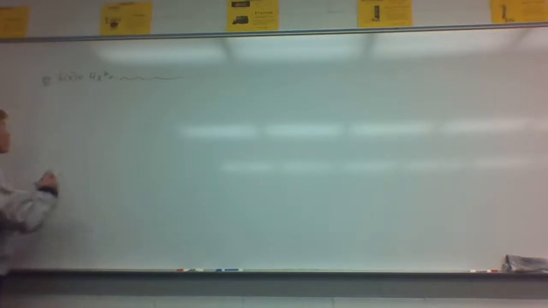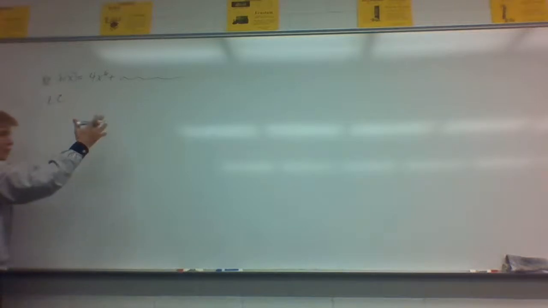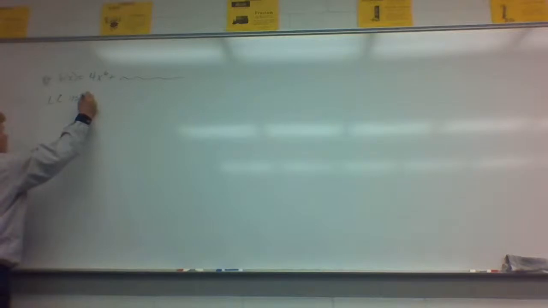The leading coefficient is what? 4. And what you have to observe is not just that it's 4, but the main thing you have to observe to do this little thing I'm about to show you is that it is positive. Leading coefficient, the number in front, is positive.